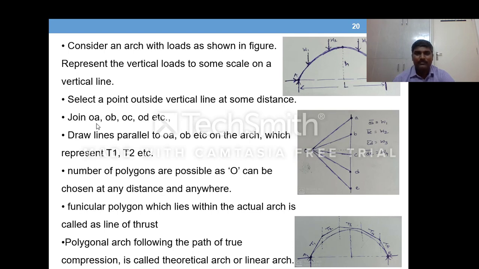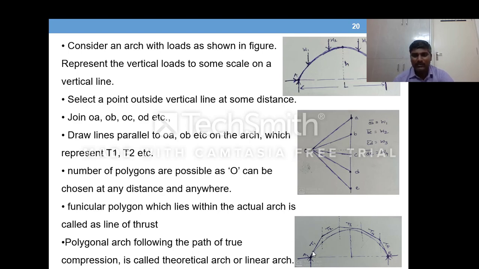Join this point with all the salient points on the vertical line, that is A, B, C, D, E. Now draw lines parallel to OA, OB, and so on, on the arch.